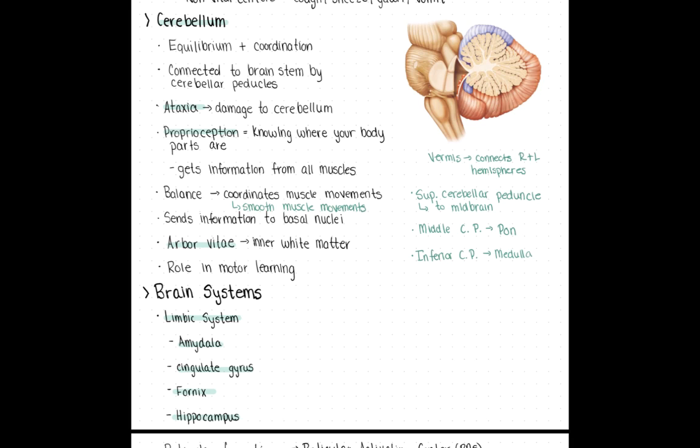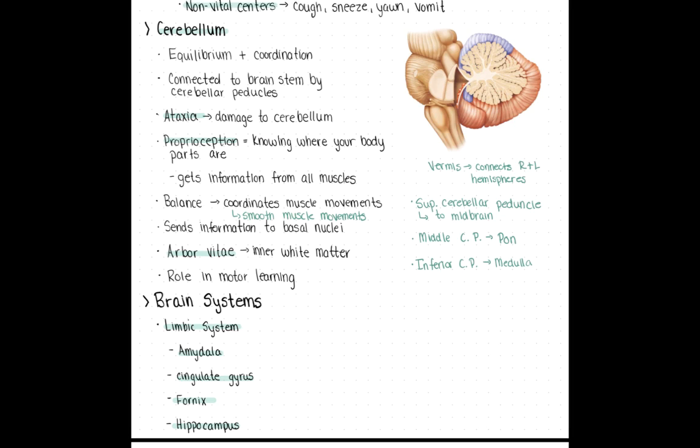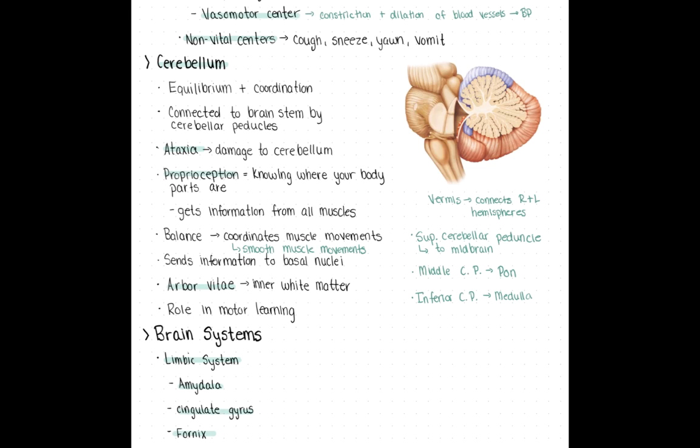And with the cerebellum, if there's damage to the cerebellum, you are going to see what is called ataxia. Ataxia is just a loss of coordination. That's associated with damage to the cerebellum.